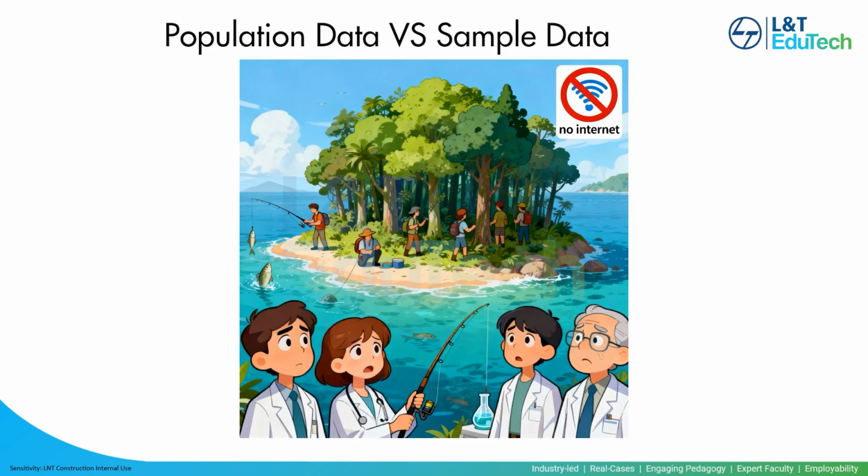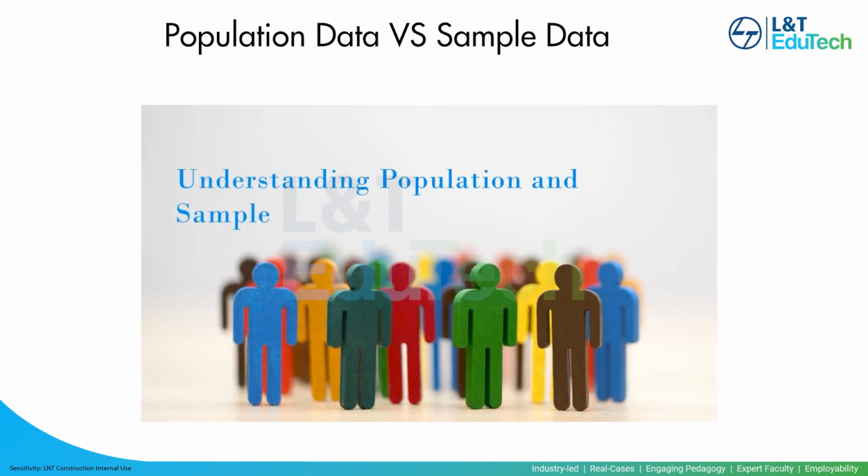So what can we do in this situation? This is where the concept of sample comes in. Instead of studying all 1 lakh residents, the researchers decided to pick a small group, say 10,000 people from the 1 lakh. They will carefully select from different regions of the island. This smaller group is called a sample.